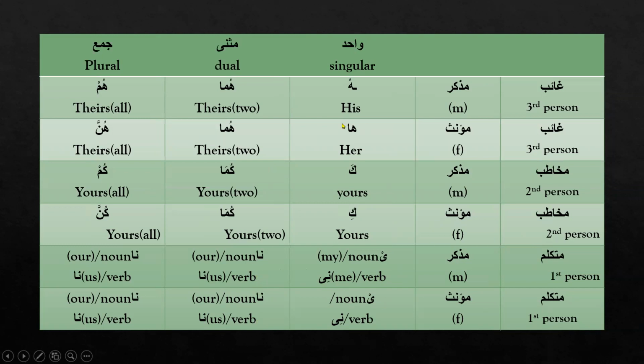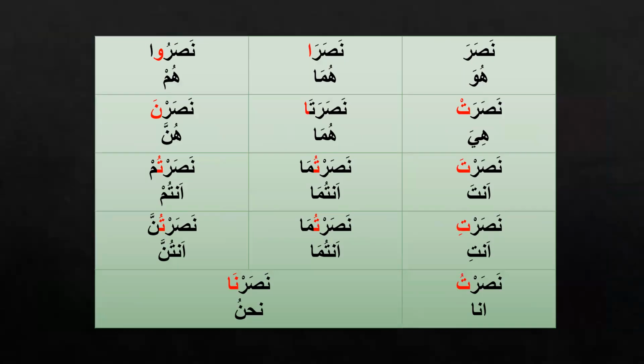So this is the damir muttasil chart for pronouns. We are repeating because today's topic is using the pronouns as our objects, or maf'ul. This is a very famous chart for basic jumla failiya.